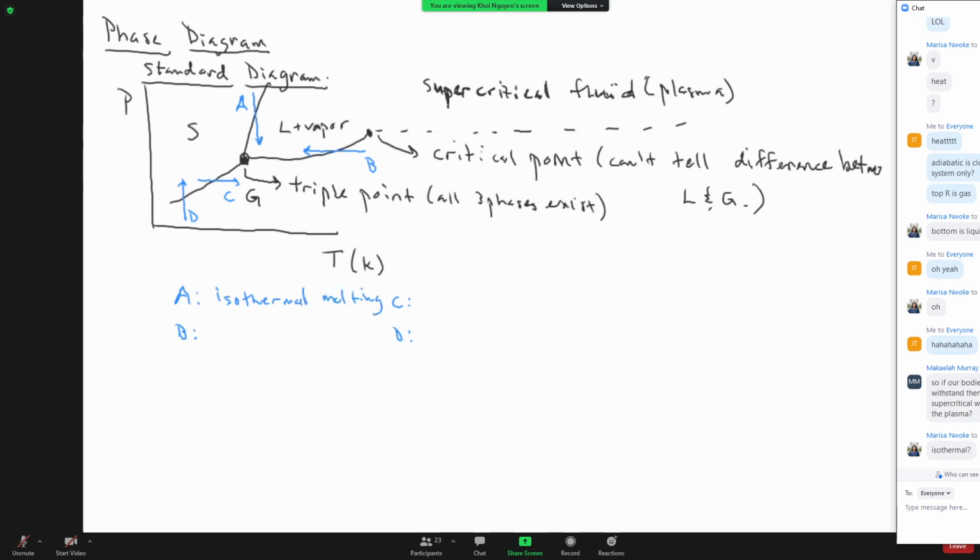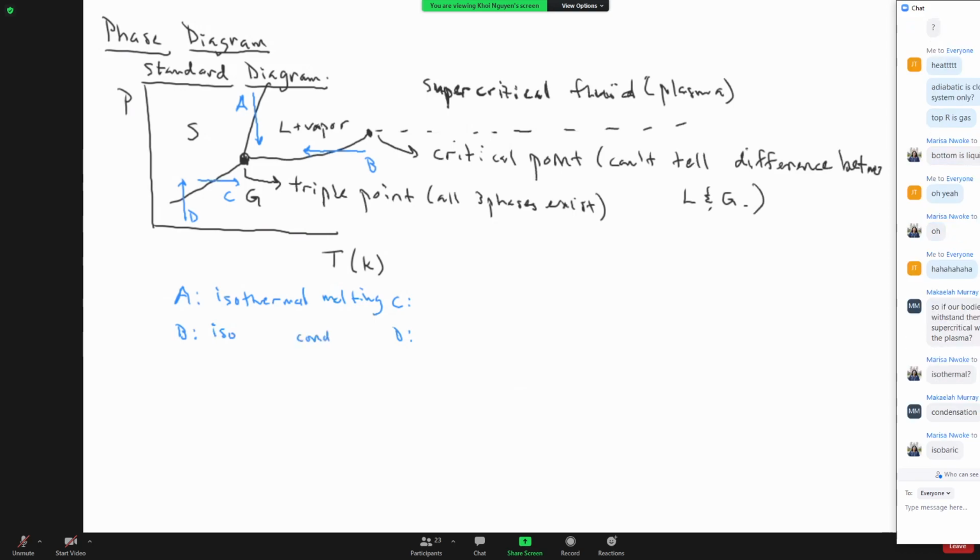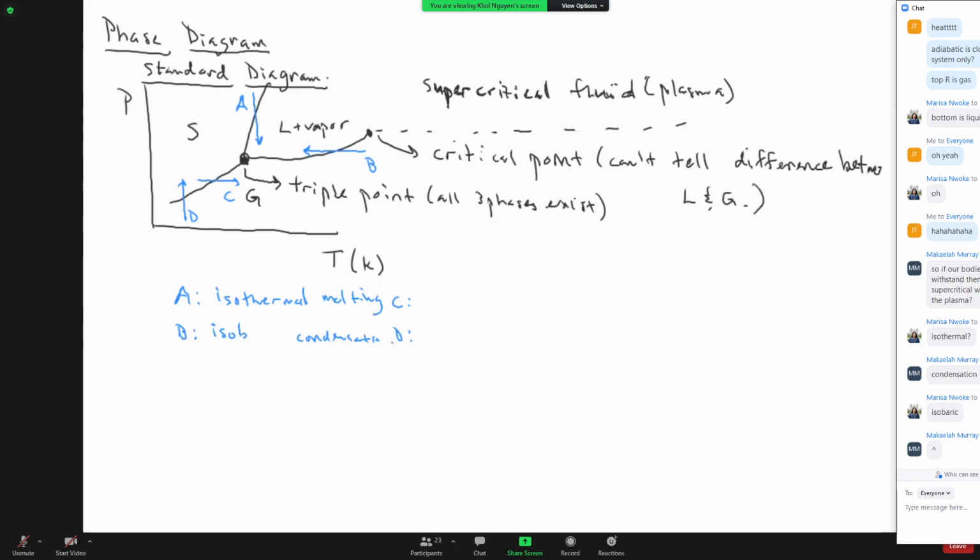B, what's happening here? Going from gas to liquid. What type of condensation? Iso what? Good. Isobaric condensation.